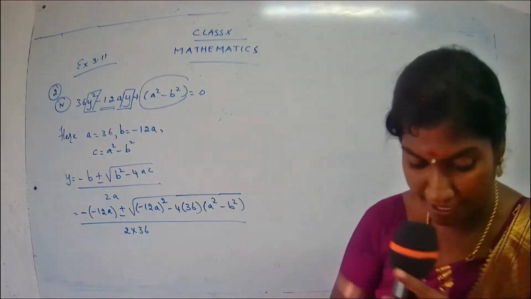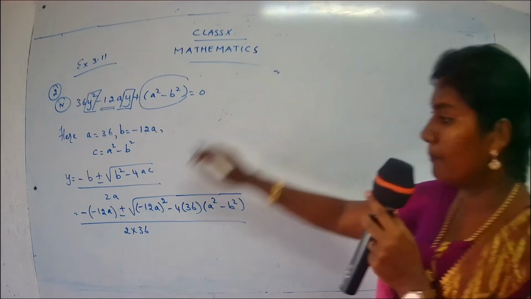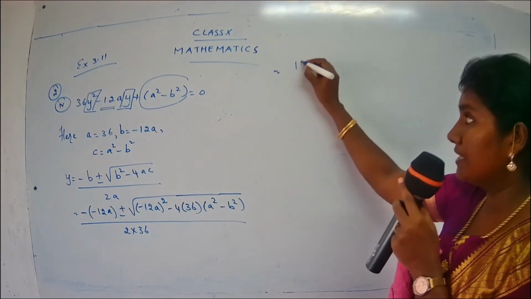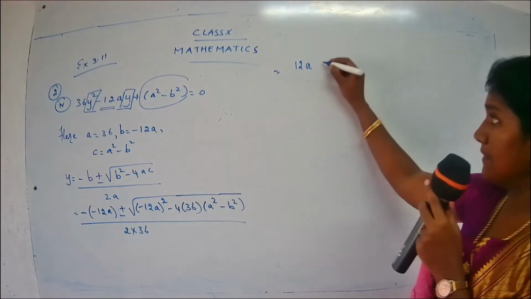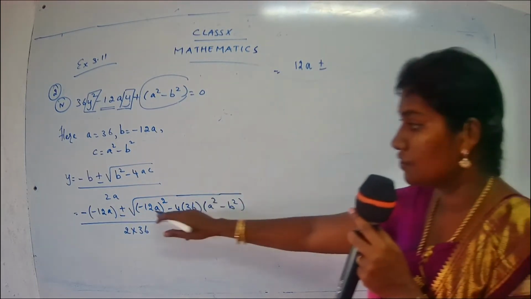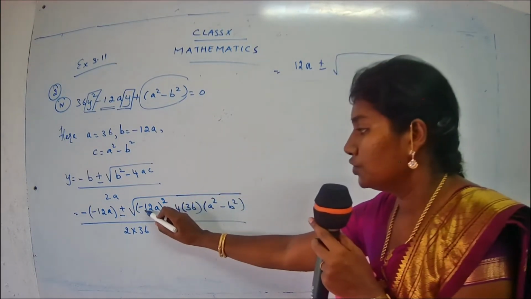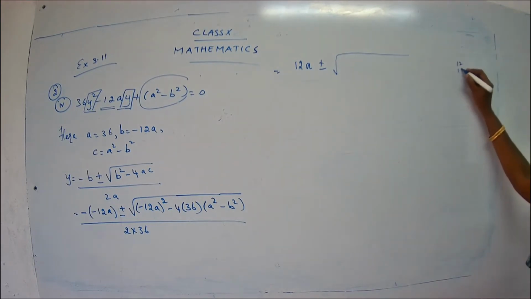So let's try to find out the answer. What do you get here? This is equal to minus minus 12a, that is minus minus plus 12a. Plus minus, so keep it as plus minus. Square root of, let's try to simplify this. 12 12s are, you have written the square, yes children? What is 12 12s are?